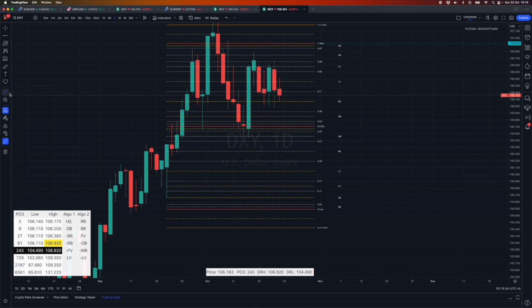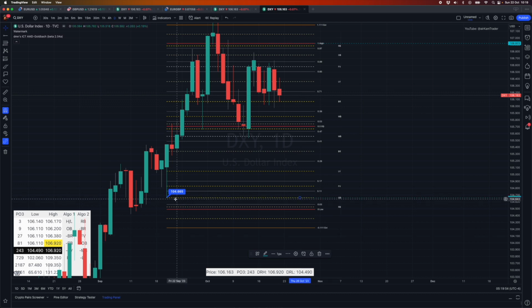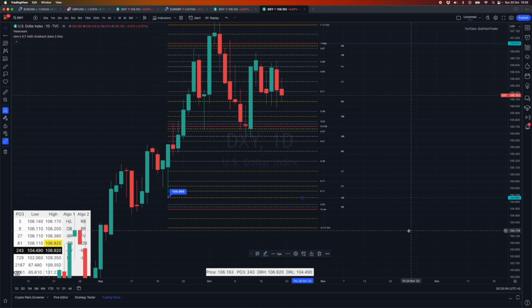Let's have a look. So this is the bottom of the wick. And let's try to draw the line. I think that's close enough. There we go. That's pretty close. 104.665, and consequent encroachment, when I've eyeballed it, is 104.662. This is where consequent encroachment becomes very powerful.